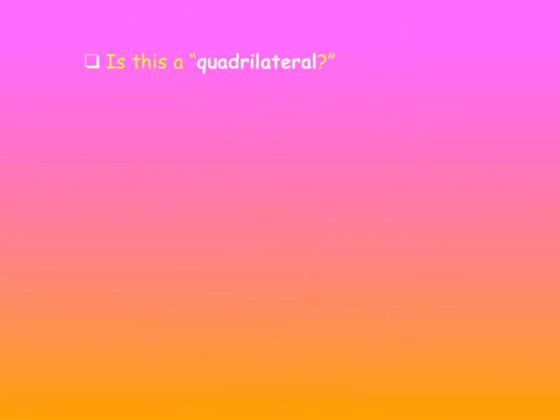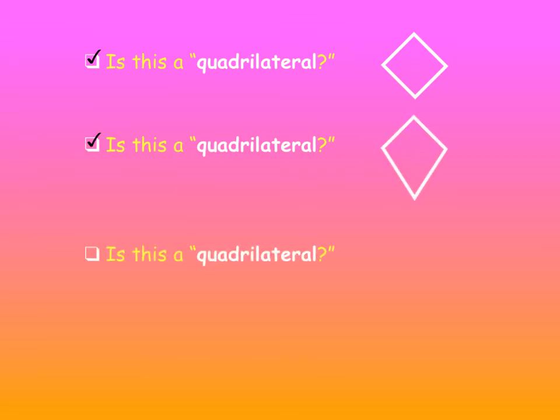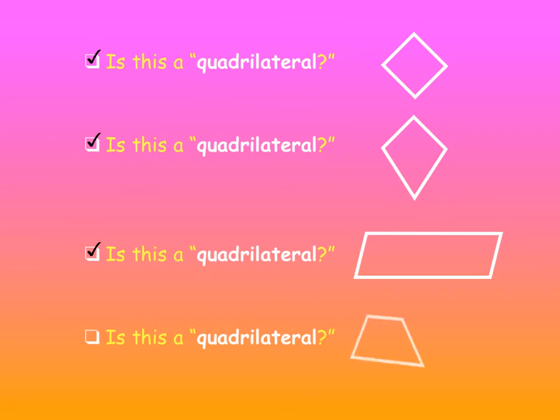Is this a quadrilateral? Yes. This one? Yep. The shape is different, but it has 4 sides. Is this one a quadrilateral? Well, of course, it has 4 sides, but even though the shape is different, and here's another quadrilateral with a different shape. Now, what about this? Is this a quadrilateral, or is it a square?